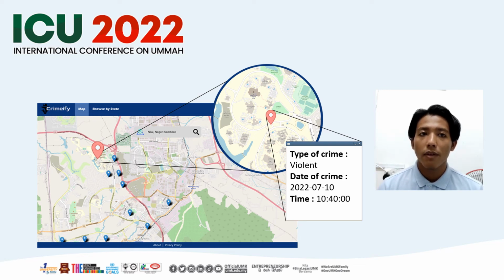After that, if there's any crime data at the location, the user will see markers that can be interacted with, and if the user clicks the marker, it will show the description of the crime data, which is the type of crime, the date of crime, and also the time when the crime happened.